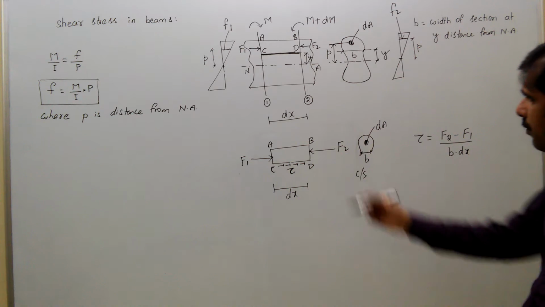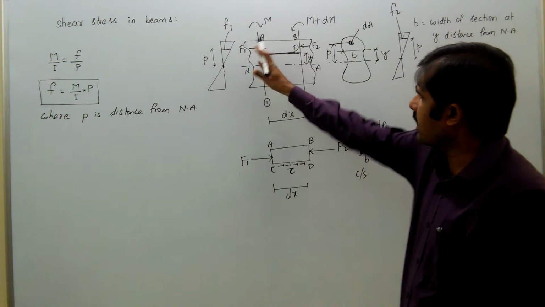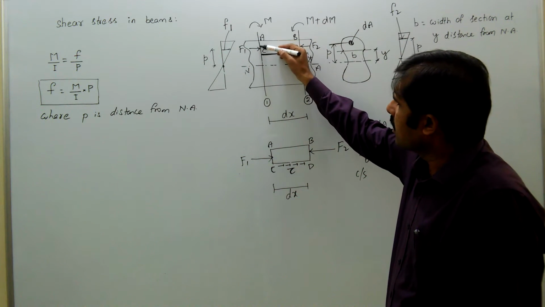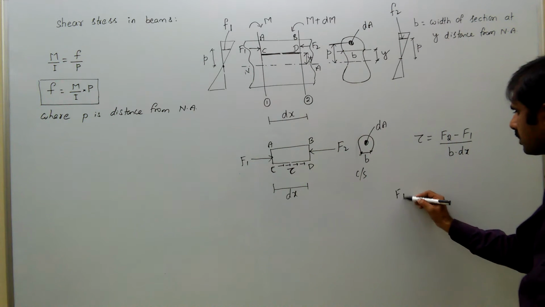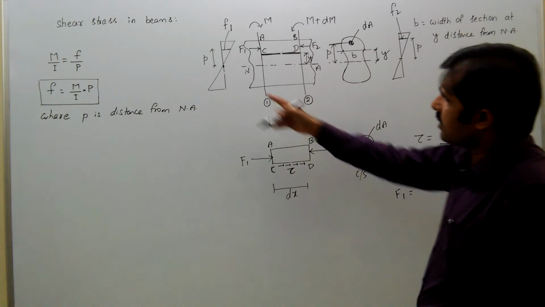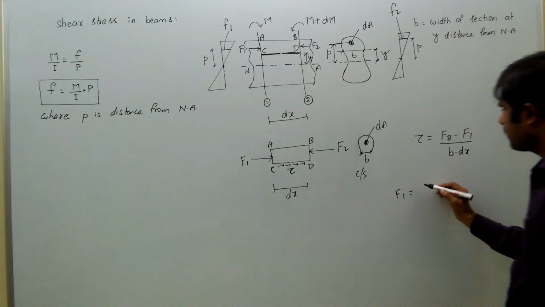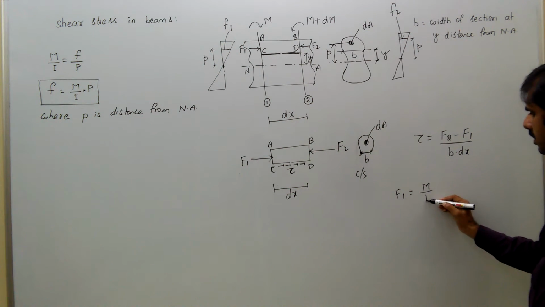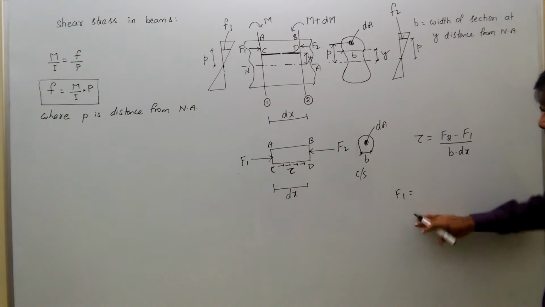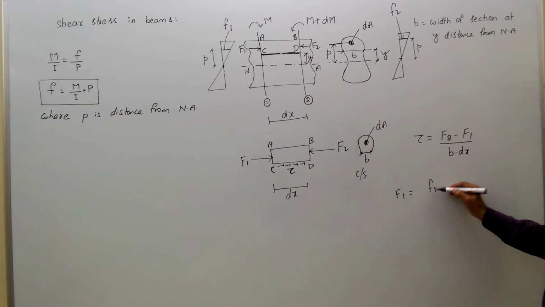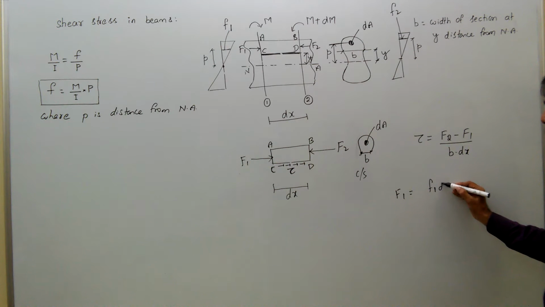But how to find this F1 and F2? We know F1 is nothing but the integration of stresses. That means F1 equal to, here stress is small f1. Small f1 is M by I into p. Or indirectly you will write like this: F1 is the stress at that location, p distance from neutral axis, f1 into dA.